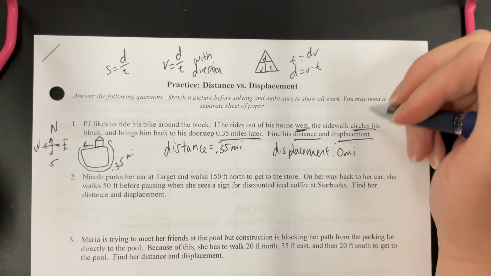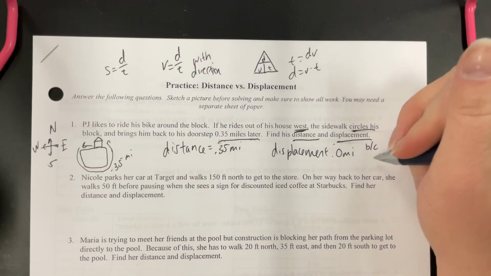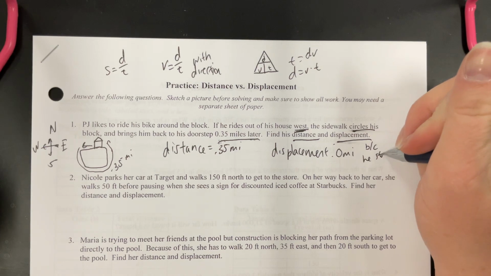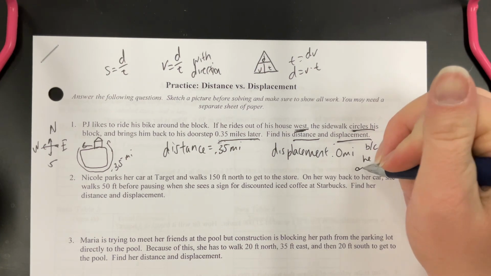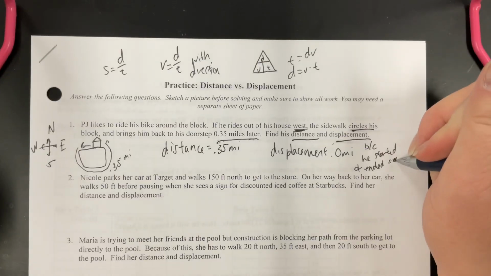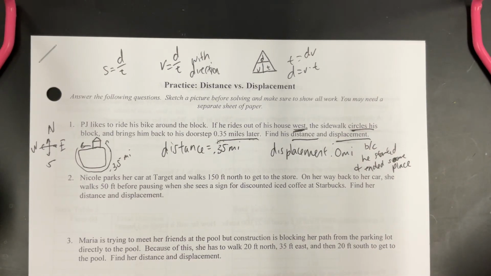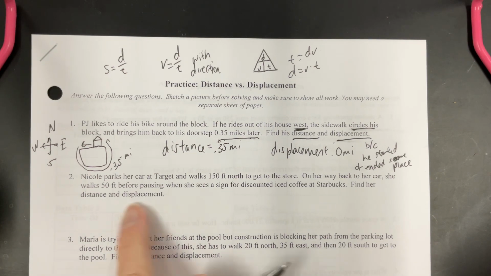And I'm just going to write that out to the side because I'm going to put b/c for because he started and ended same place. That way, if I forget why it was 0, I've got it written down, okay?